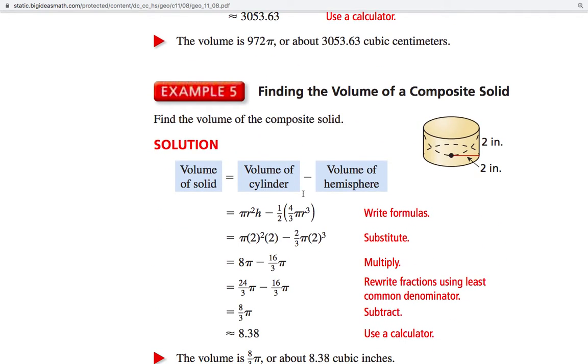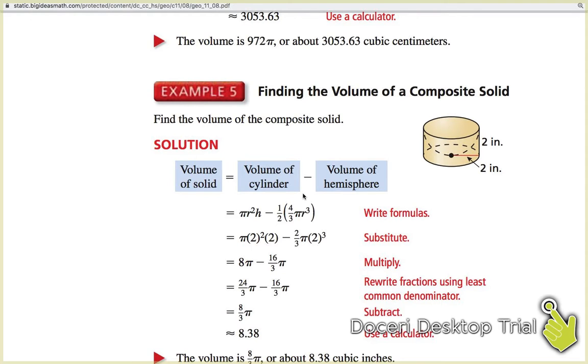Composite figures, right? It's either going to be adding or it's going to be subtracting. It's going to be dug out. So you just need to figure out which one it is. One thing I will point out here on this example, this picture that they give you, it just so happens that the radius is the same as the height, and that's not always going to be the case.